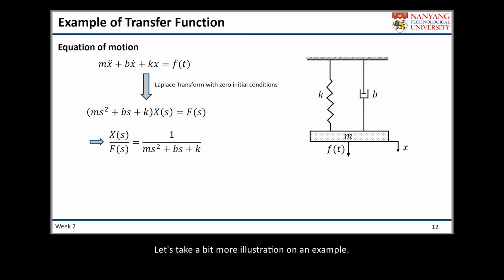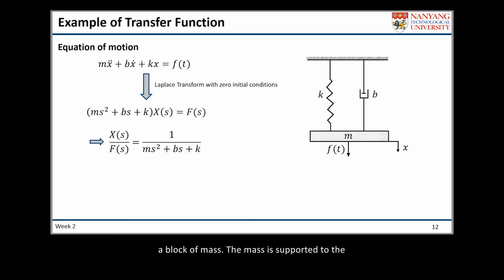Let's take a bit more illustration with an example. This is a typical problem in mechanical systems. If you look at the drawing on the right side of this slide, basically you have a block of mass.